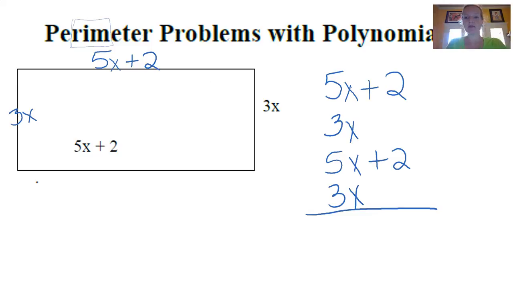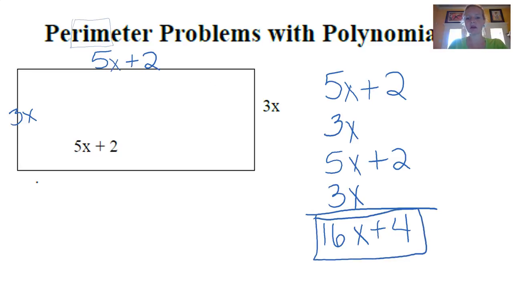Now we just need to combine. 2 plus 2 is 4. 5 plus 3 plus 5 more plus 3 more is 16, and I have 16 x's. That would be the perimeter of this rectangle. You are now done.